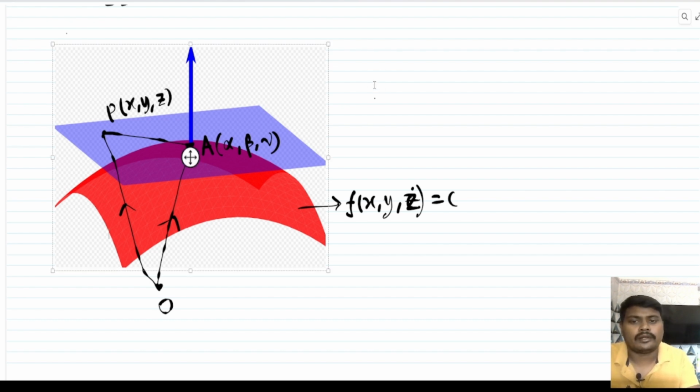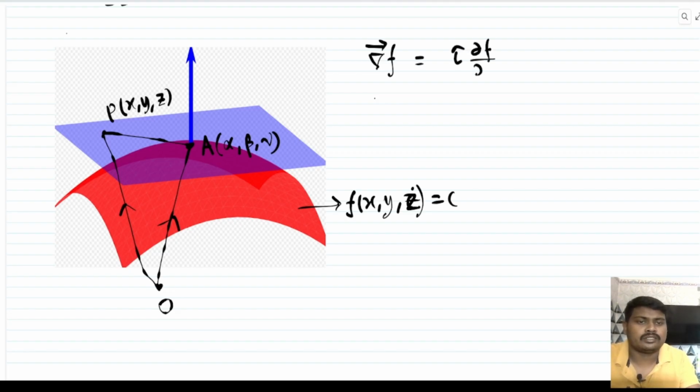Therefore, at the point A, the outward normal vector is represented by the gradient of f, that is i ∂f/∂x + j ∂f/∂y + k ∂f/∂z.